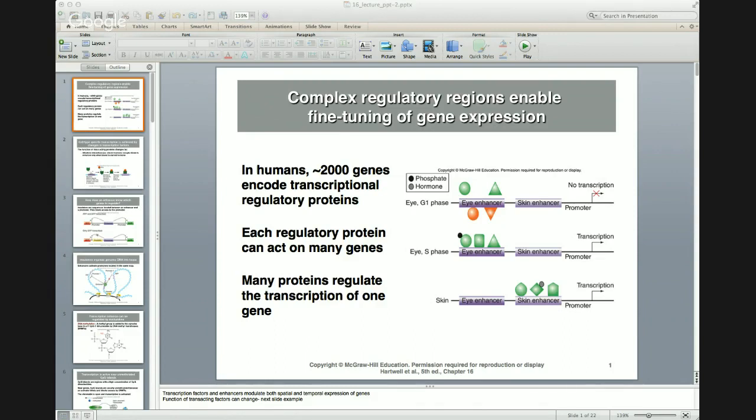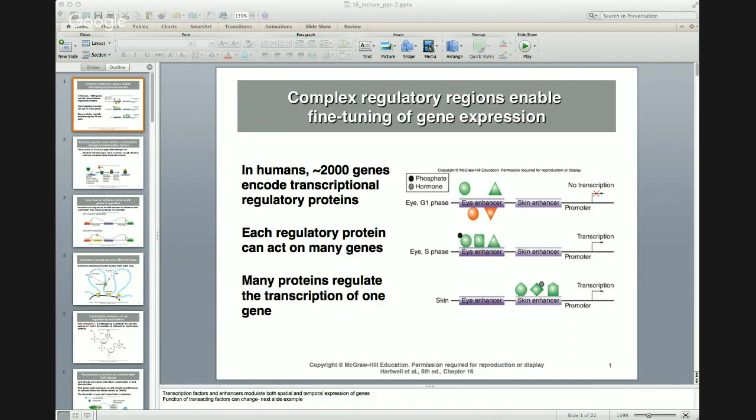Because in the last lecture, I mentioned that enhancers can be found upstream or downstream of the gene, upstream or downstream of the promoter, and can be located at very long distances away from the gene that they modulate. So how does an enhancer know which gene to regulate?